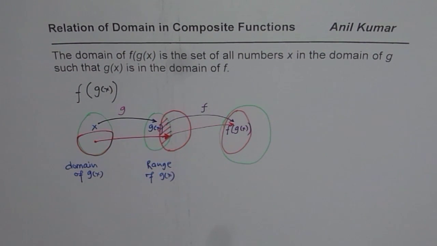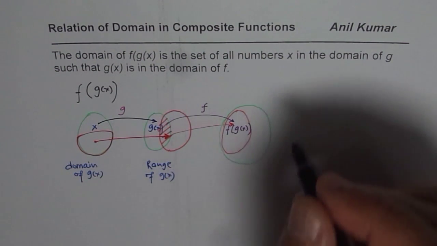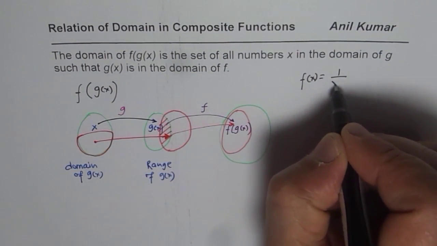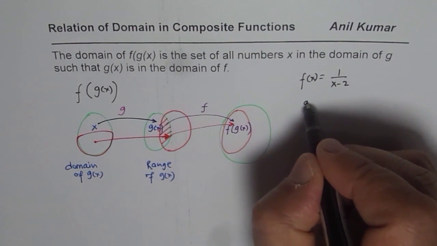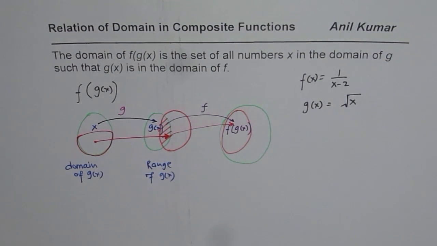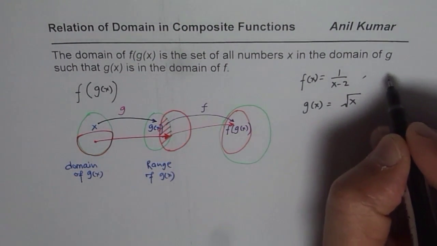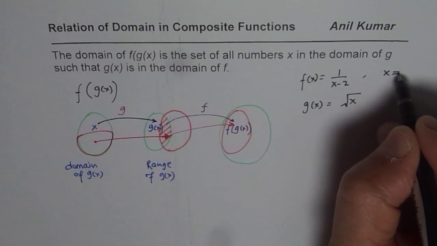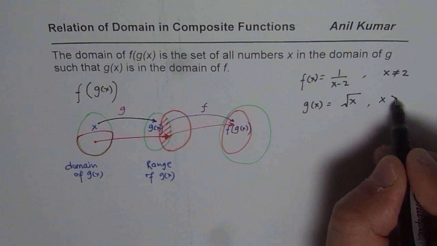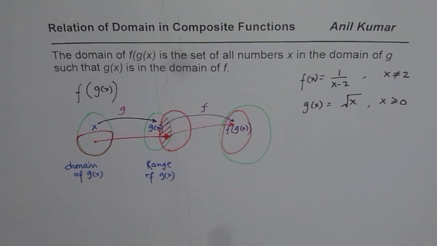Let me take a simple example to deal with this situation. Let us say that f of x is equal to 1 over x minus 2, and let us say that g of x is equal to square root of x. In that case, we know that the domain of f of x does not include 2, and in this case all the values of x should be greater than or equal to 0, right?